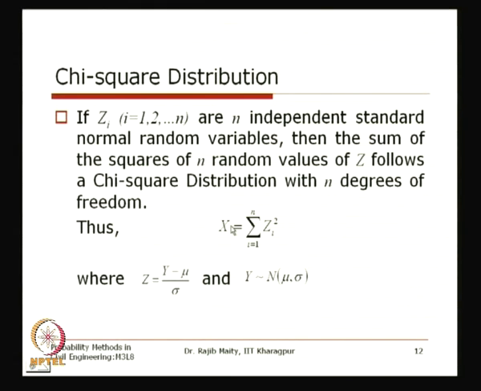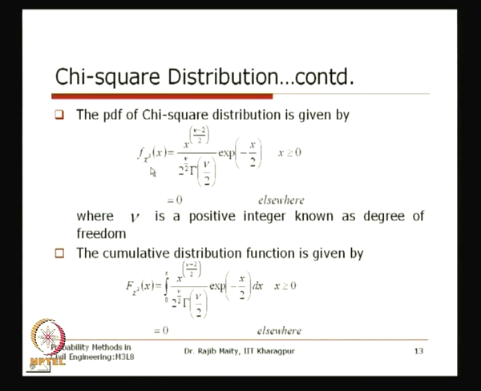The PDF of this chi-square distribution is f chi-square of x equals x to the power (nu minus 2) by 2, divided by 2 to the power nu by 2 times gamma of nu by 2, times exponential of minus x by 2, for x greater than or equal to 0. Here nu is the parameter known as the degrees of freedom. It is a positive integer, and this distribution is again lower bounded by 0; for negative values it is 0.